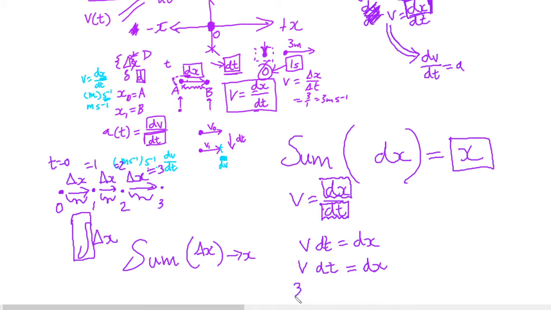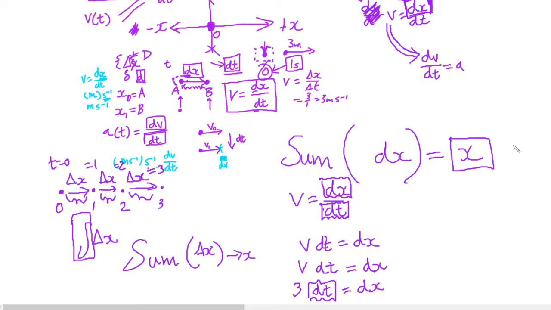If there is a velocity of 3 meters per second as a property of the particle at a particular moment, and it is allowed to act for a certain amount of time dt, then this is going to multiply to equal the change in the displacement of the particle over that time dt.